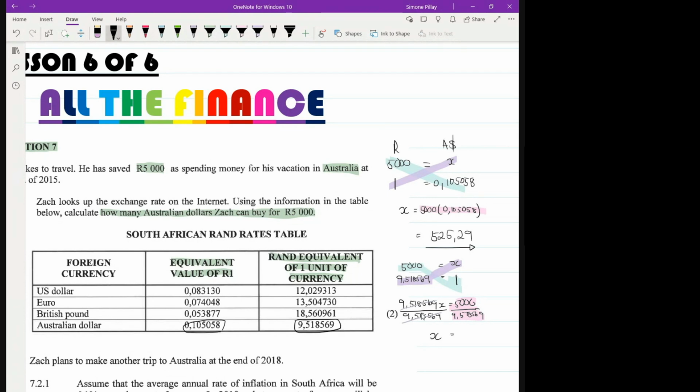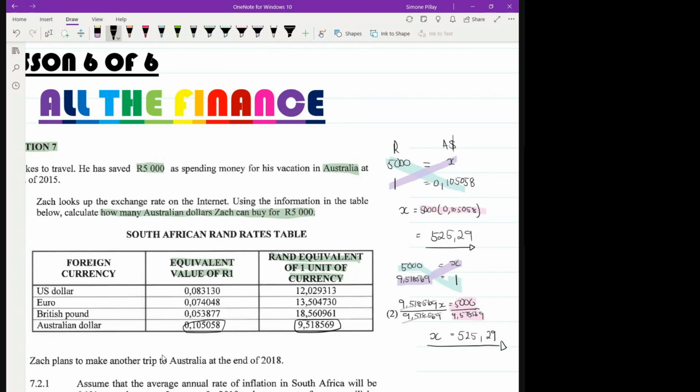Oh, and that's a 5-1. My handwriting. 5185. 518569. I'm getting 525,289, which will be rounded off to 29. So same answer, different calculations.